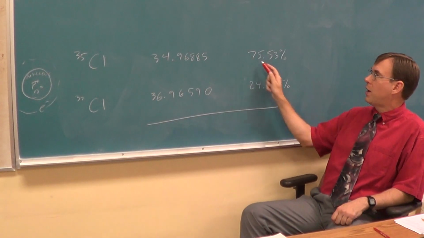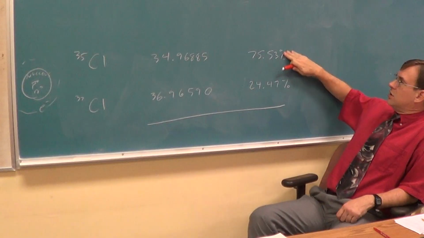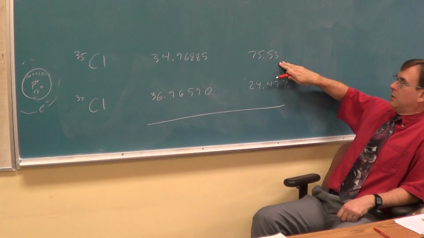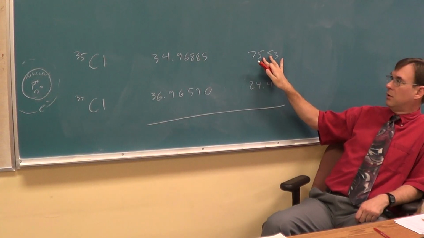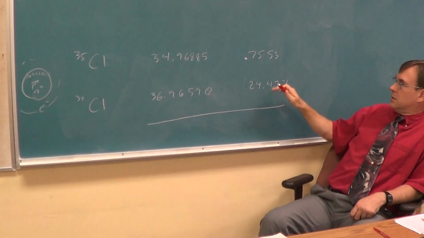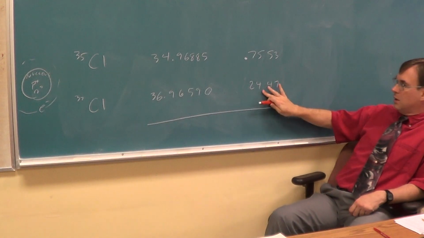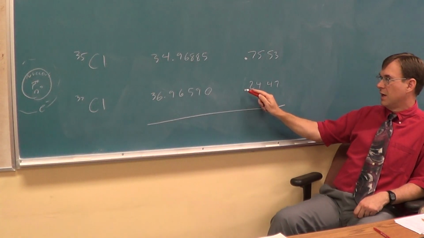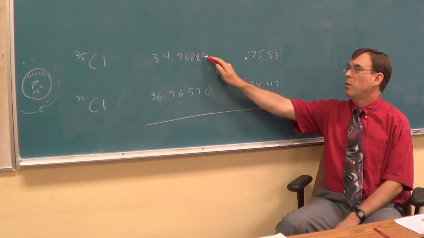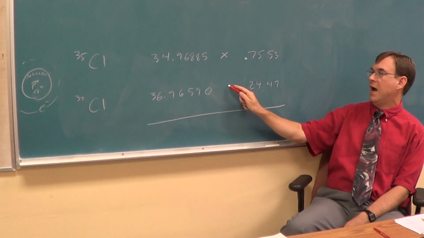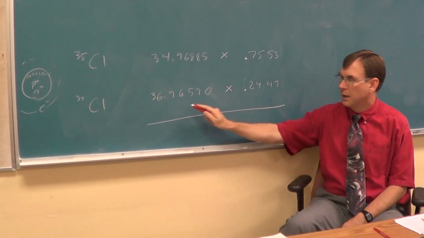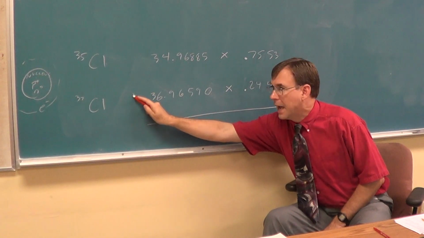Correct. We're going to multiply across. Percentages you want to turn into decimals. How do we turn a percentage into a decimal? Move it to the left twice. So this percentage, make a decimal by moving it left twice. Multiply the mass by how common it is. Multiply the other mass by how common it is. And then what did she say? Add them together.